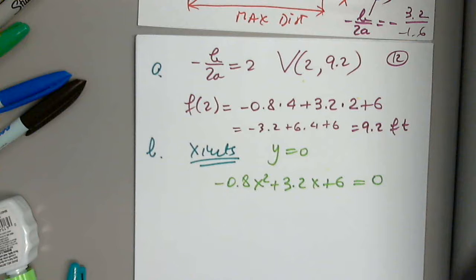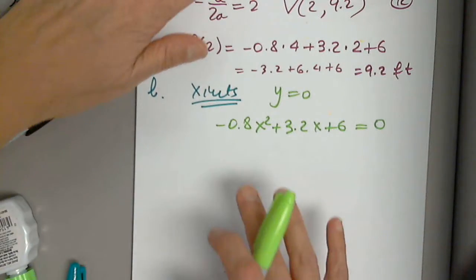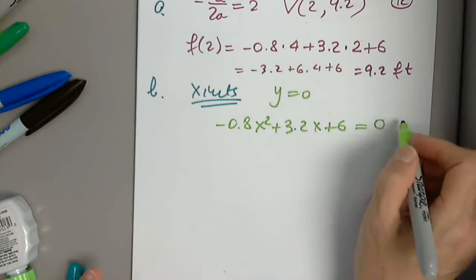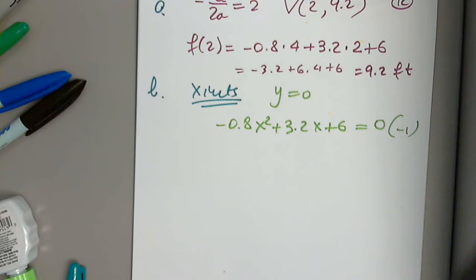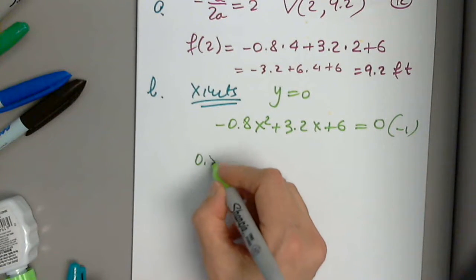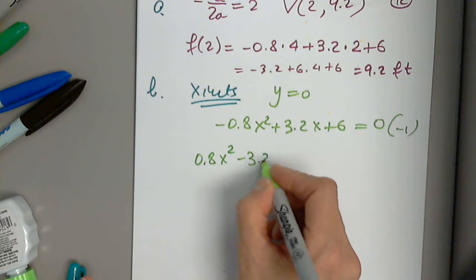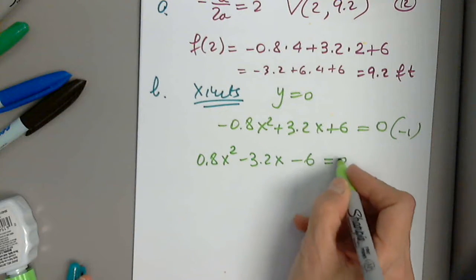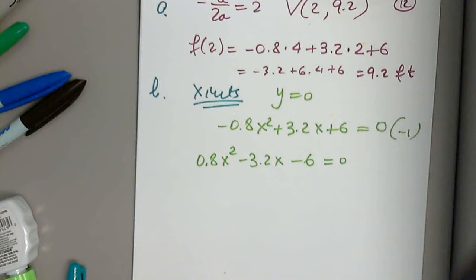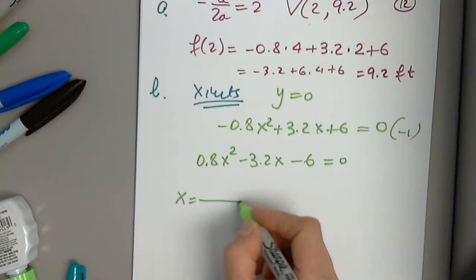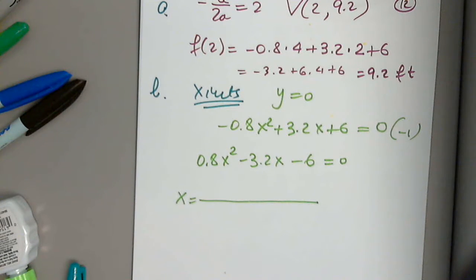I refuse to solve a quadratic equation with a negative leading coefficient, which means I will multiply both sides by negative 1. 0.8x squared minus 3.2x minus 6 equals 0. And then I will use the quadratic formula, of course. I will not try anything else.